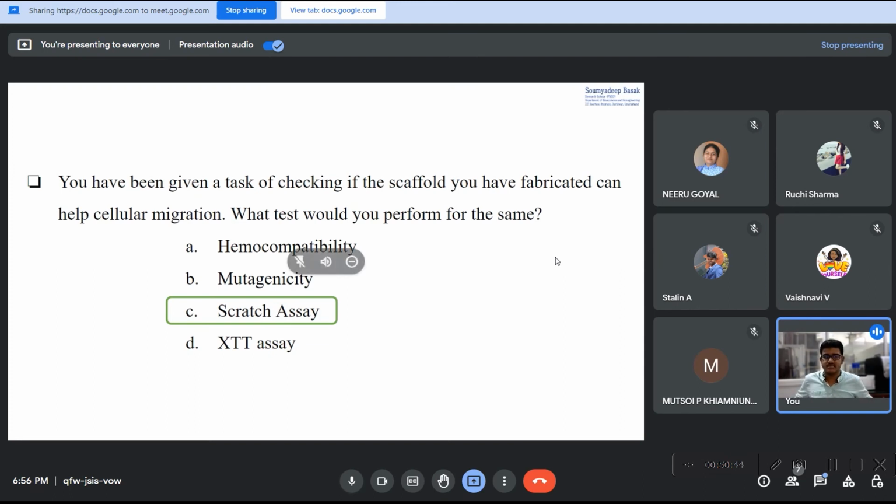The scratch assay is one of the examples. In a scratch assay, you grow cells, then create a scratch using a pipette tip, and after that you observe the cells migrating through the scratch. So you can do cellular migration studies with the scratch assay. XTT is not directly used. Okay.